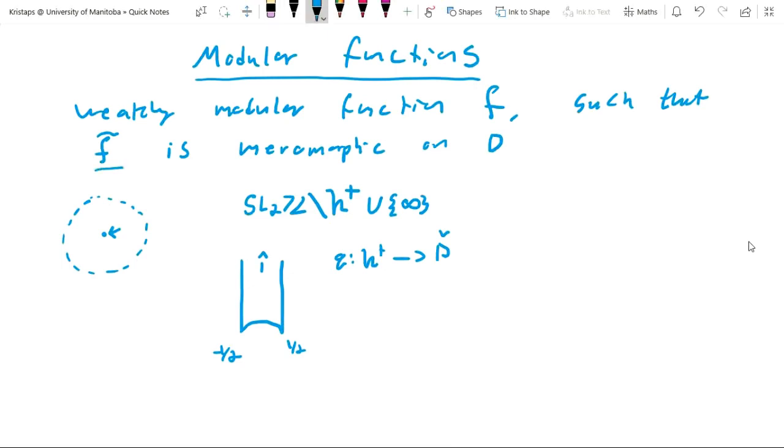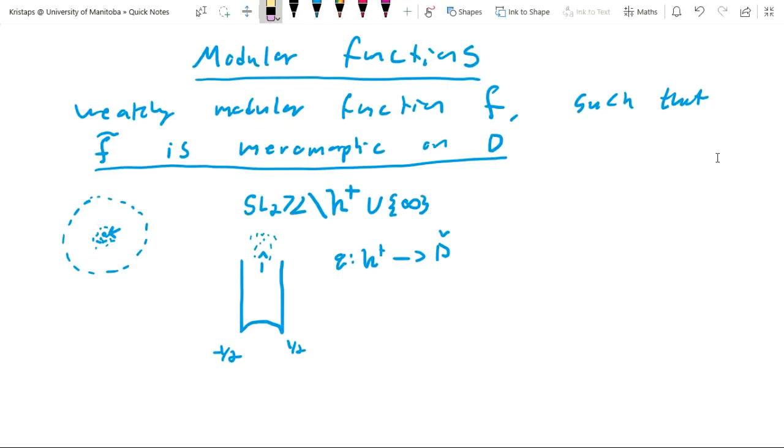And this is precisely why we want the induced function to be meromorphic on the entire open disk. So in particular, this means that we can't have poles of this function accumulating towards the origin. That means that we also can't have infinitely many poles as we go up in the fundamental region for the action of SL2Z on H.